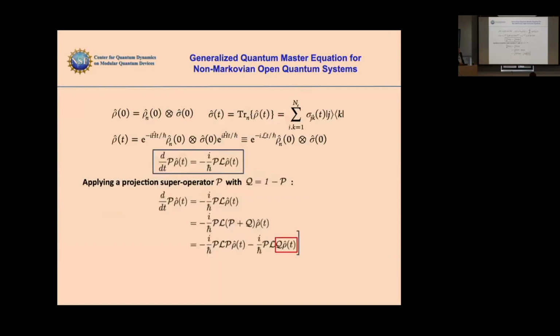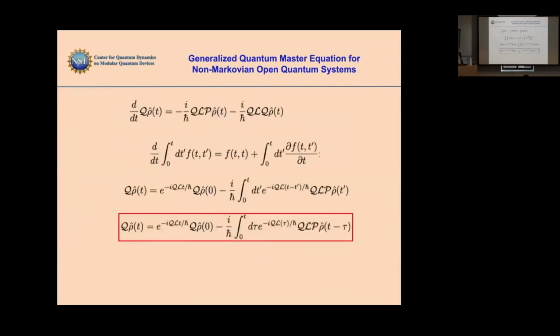So starting from the Liouville equation, we apply this projection operator into the subset, and we get the equation of motion for the projected density matrix. What we obtain is in terms of the projected density matrix in the orthogonal space. So we do the same thing for that one.